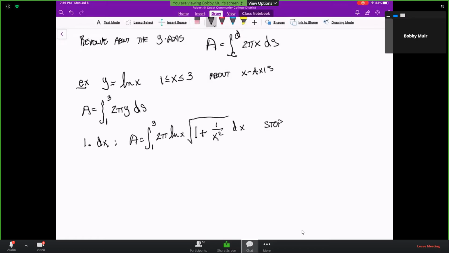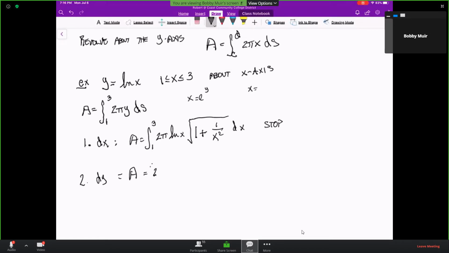If I wanted to do a dy integral, according to the book, if I want to revolve around the x-axis for a dy integral, the area is still going to be this integral. Well, I have to figure out x is now e to the y. So when x is 1, y is 0.